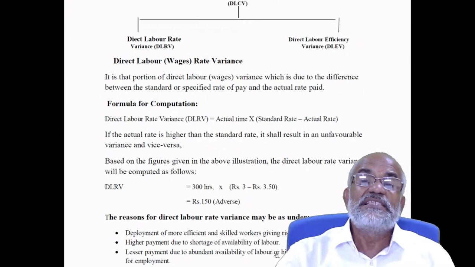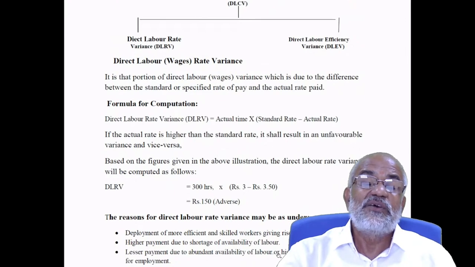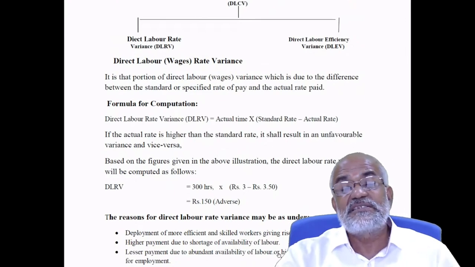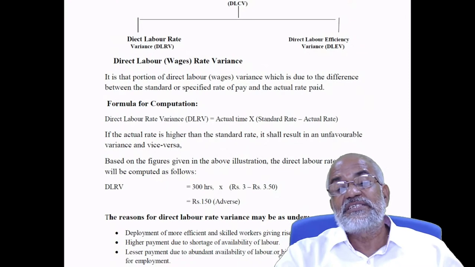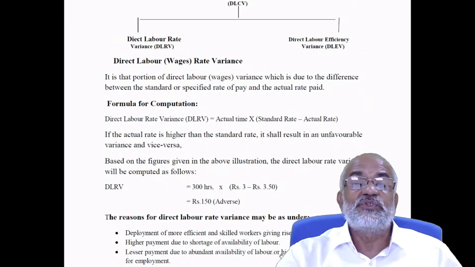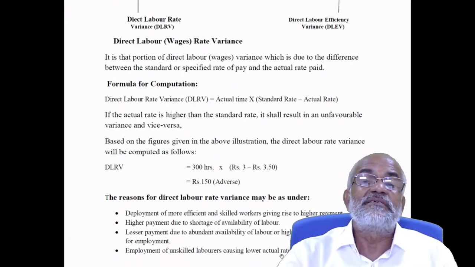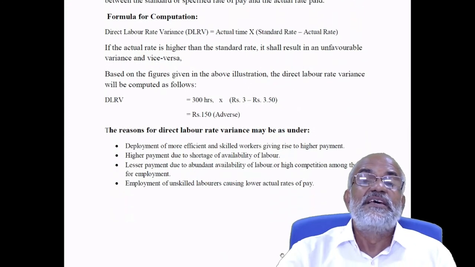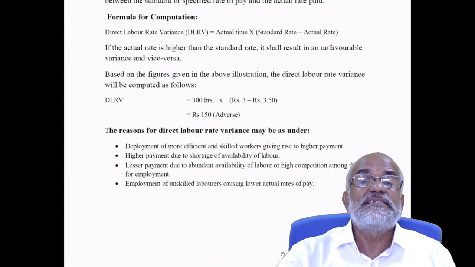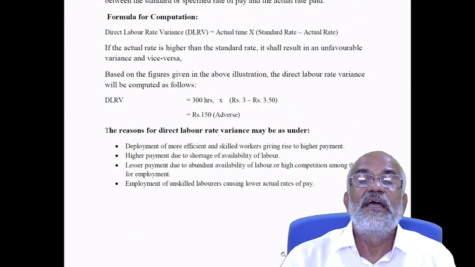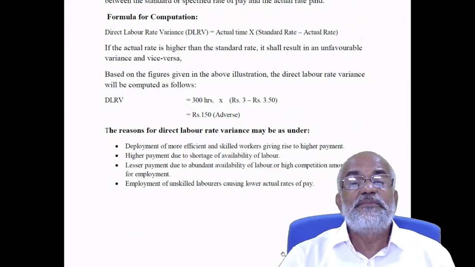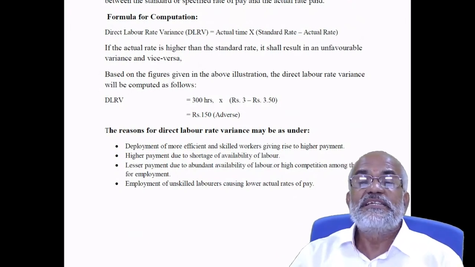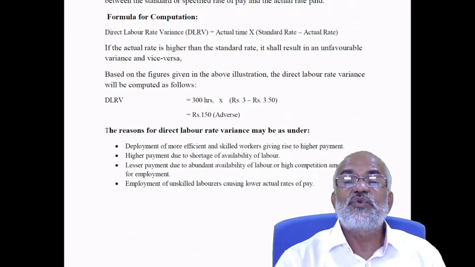So the difference in the rate is minus 50 paisa. When that is multiplied with 300 hours, that gives an adverse result of rupees 150. So the direct labor rate variance is 150, and that too adverse. The reason for direct labor rate variance may be, first, deployment of more efficient and skilled workers, giving rise to higher payment.